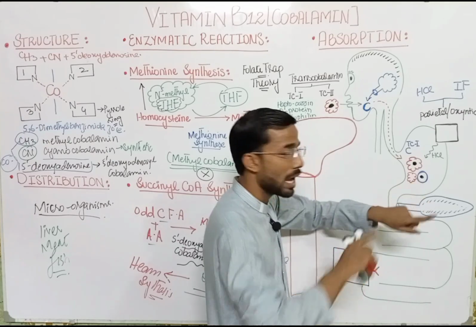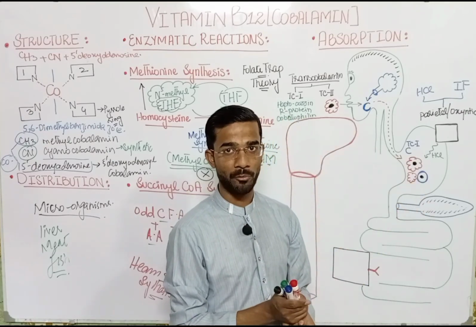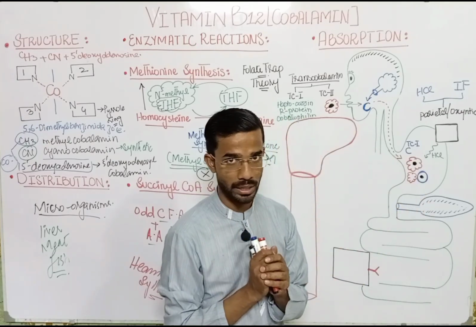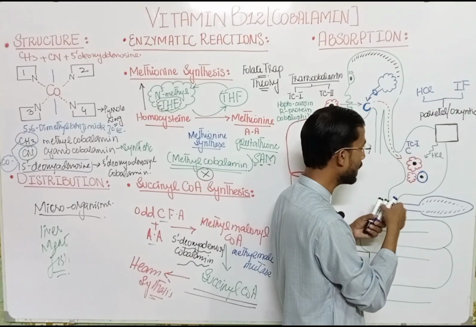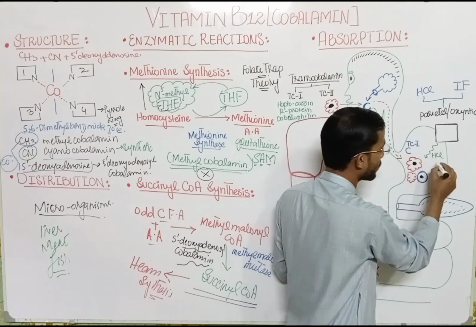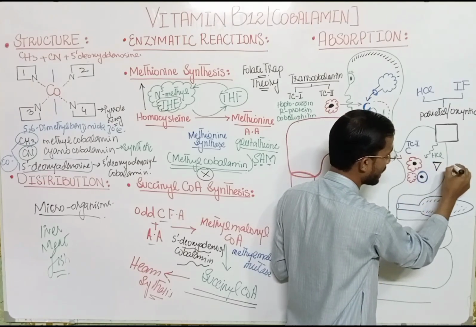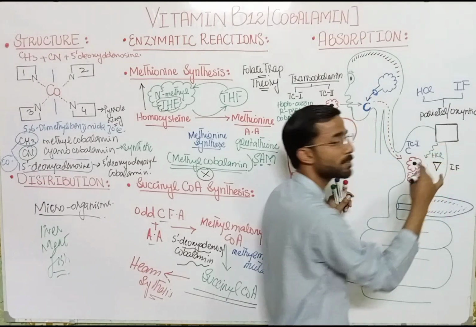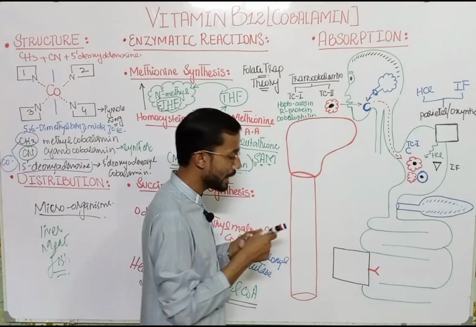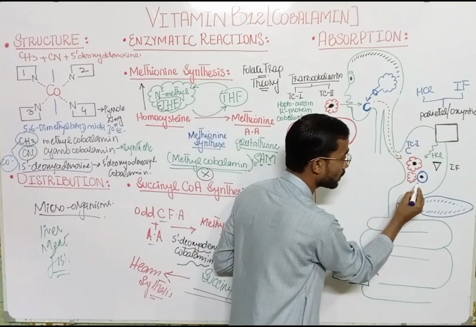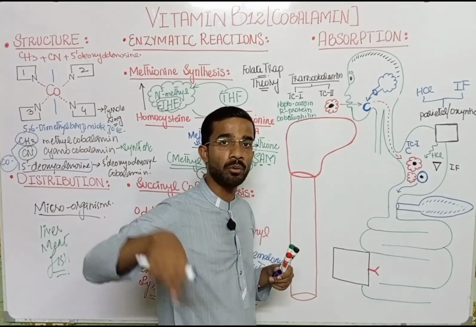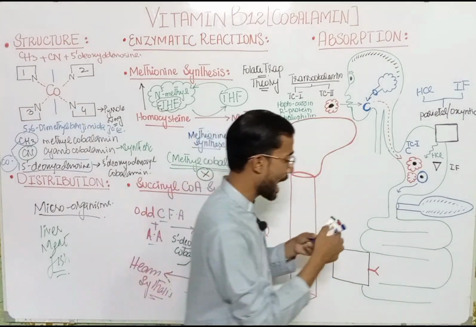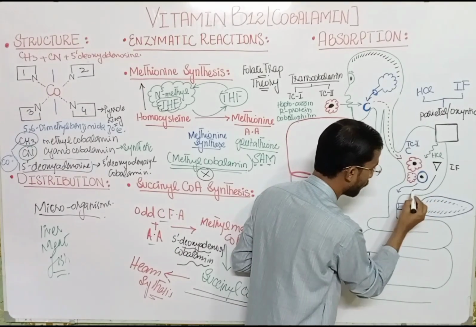The cobalamin surrounded by the transcobalamin is safe from the hydrochloric acid. And this is the intrinsic factor. Now these two things move downward: cobalamin surrounded by transcobalamin 1, and the intrinsic factor.